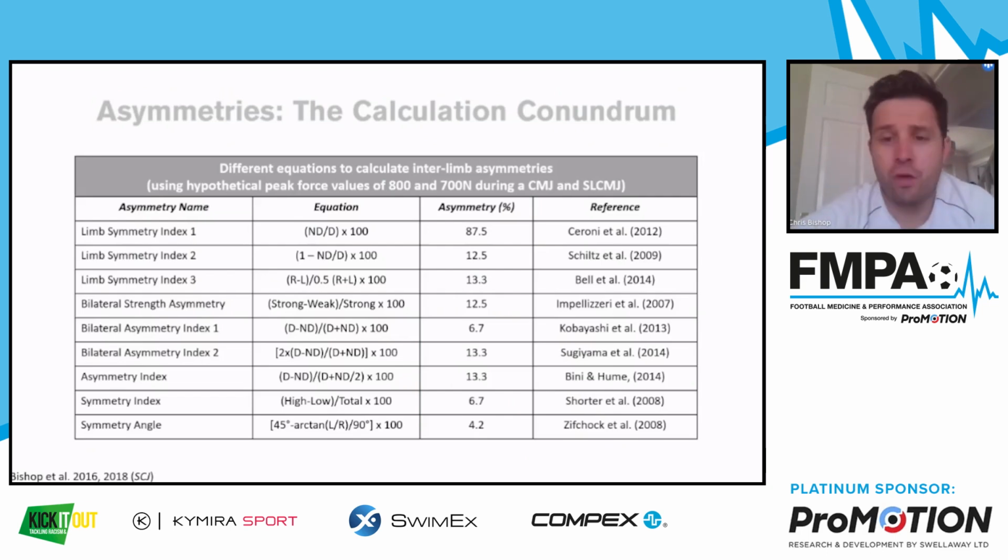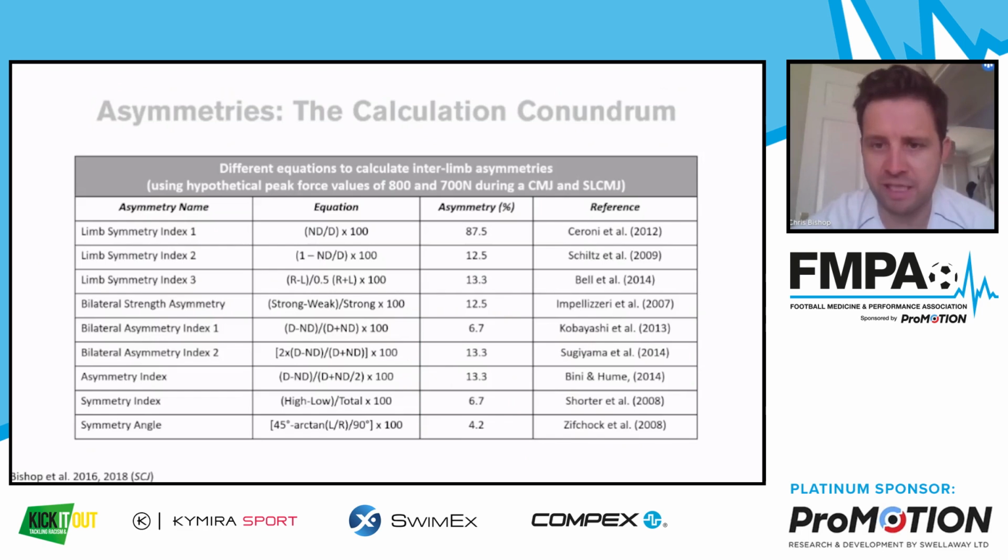But as you can see from the third column, I've highlighted in the grey box hypothetical data of 800 and 700 newtons, where we're going to talk about peak force as our metric of interest in this scenario. And we're just going to assume at this stage, and it is an assumption, that 800 newtons corresponds to the dominant leg, or the right leg, or the stronger leg, and 700 newtons corresponds to the left leg, the non-dominant leg, or the weaker leg.